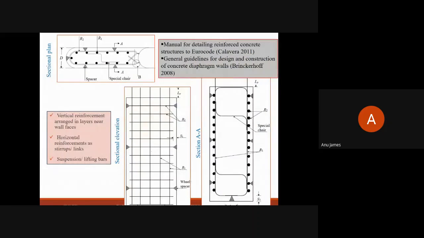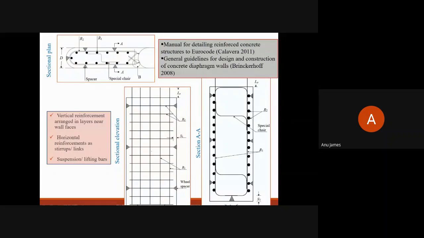So this is the reinforcement detailing diagram for a diaphragm wall panel. The primary requirements include vertical reinforcement, which is arranged in both faces, and horizontal reinforcement in terms of stirrups, links, etc. Suspension lifting bars are to be provided.